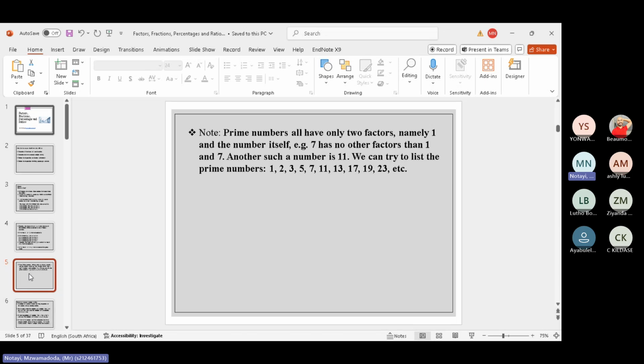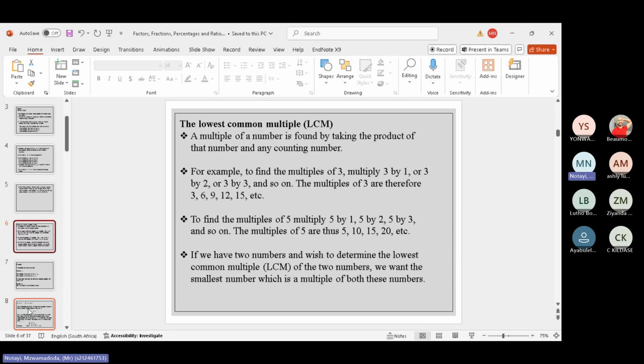Another such number is 11. You can try to list the prime numbers: 1, 2, 3, 5, 7, 11, 13, 17, 19, 23. All these numbers are prime numbers, that is, they only have 2 factors, 1 and the number itself.